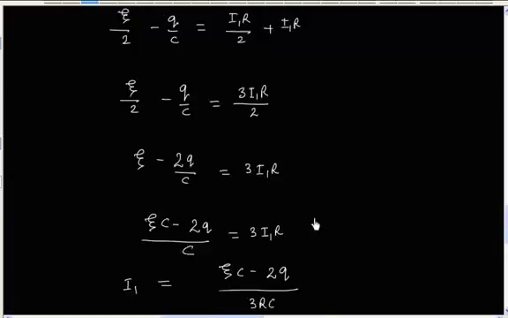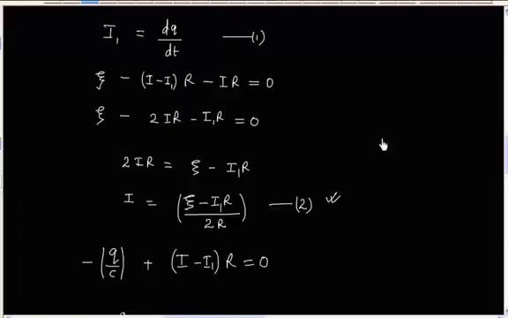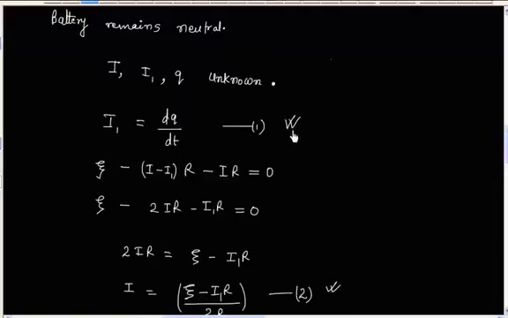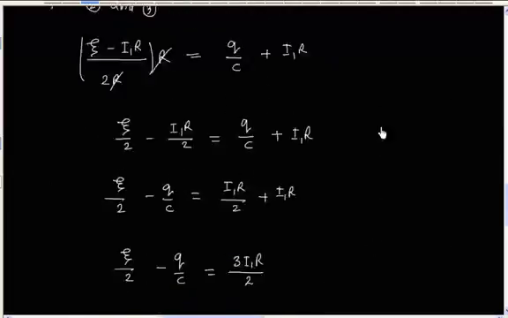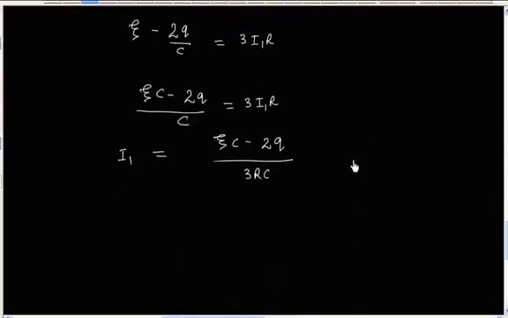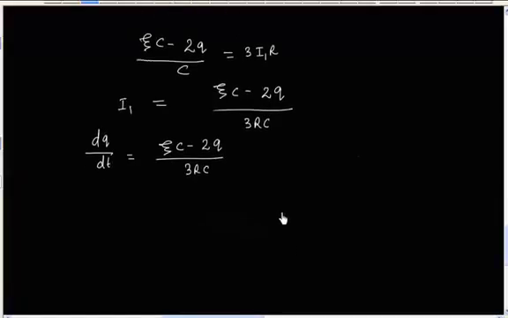Now we have to integrate. If I use equation 1, that is I1 is equal to dq by dt, so we can write here dq by dt is equal to Xi C minus 2Q divided by 3RC. So let us separate the variables.